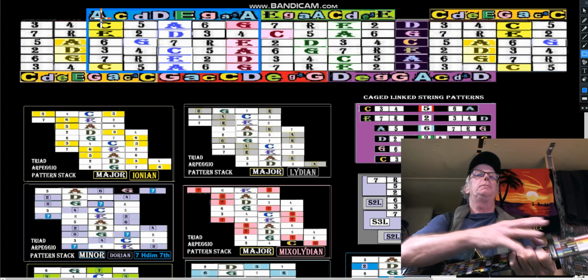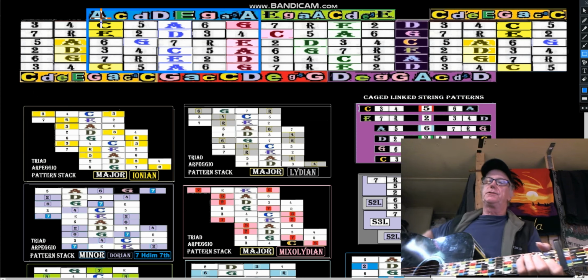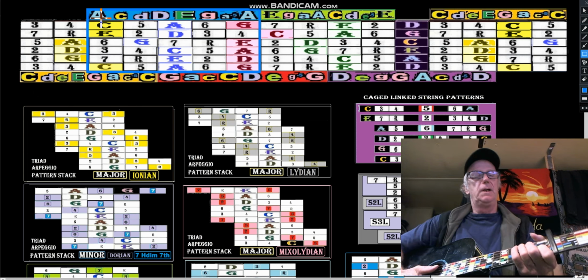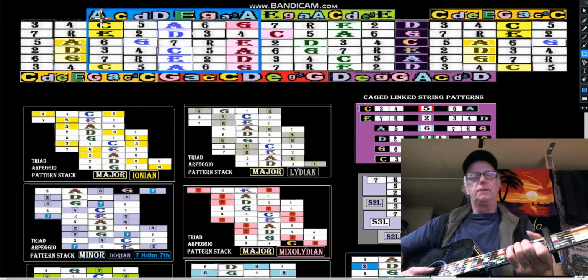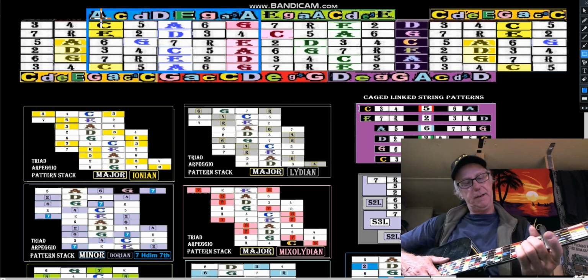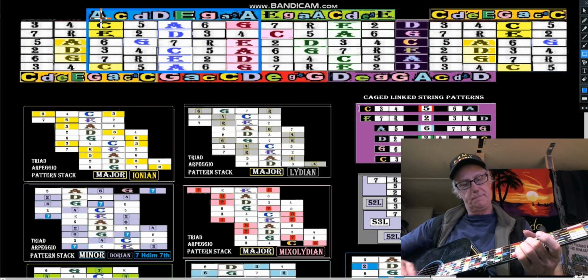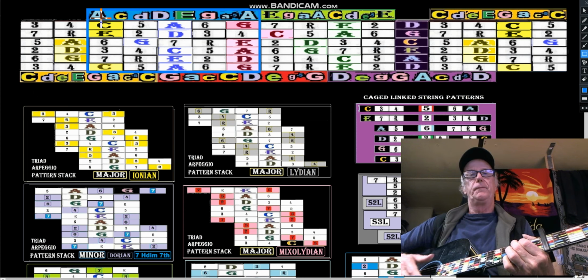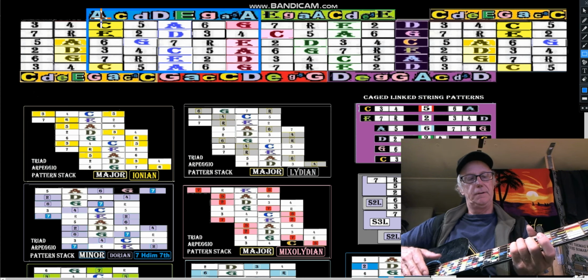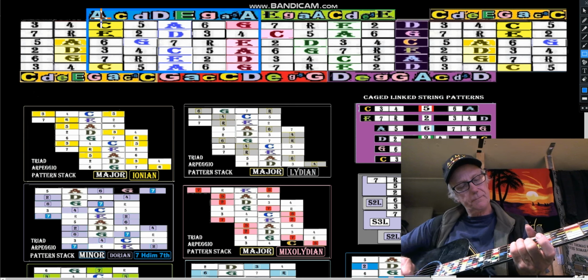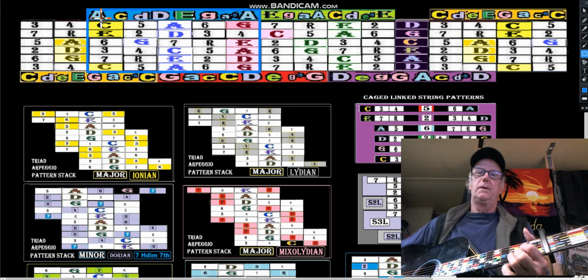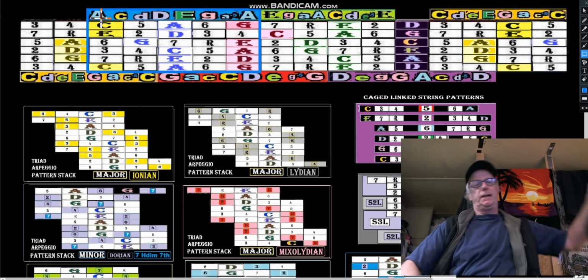Now we're talking about the keys of CAGED, which are, that's my zipper hitting the keys of CAGED. C, the key of A, the key of G, the key of E, and the key of D. Those are the keys of CAGED.